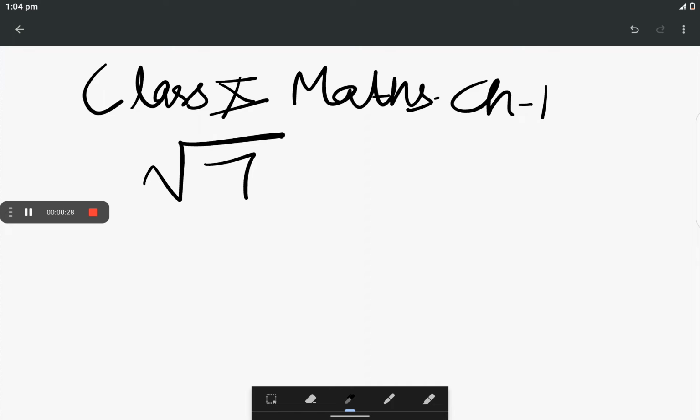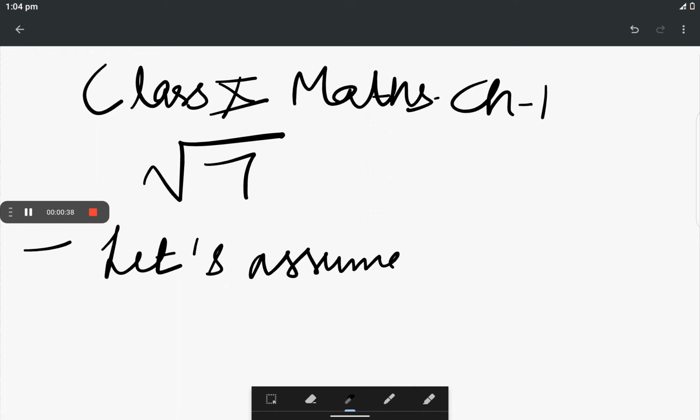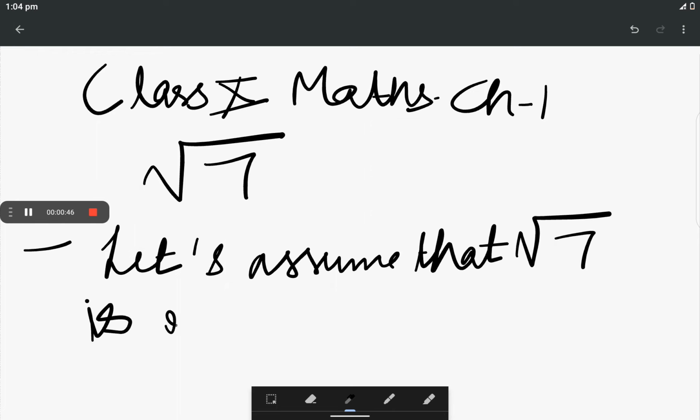How would you do that? So first of all, you would like to assume that root 7 is rational.